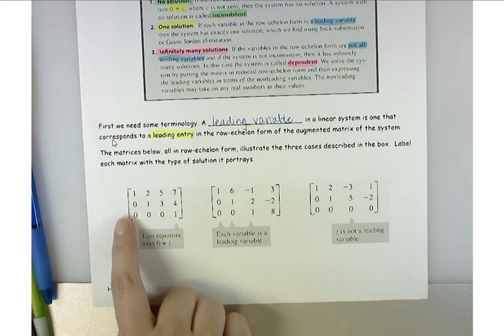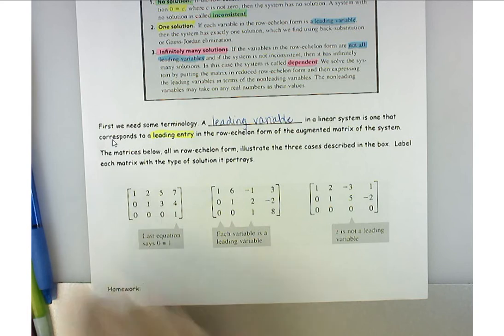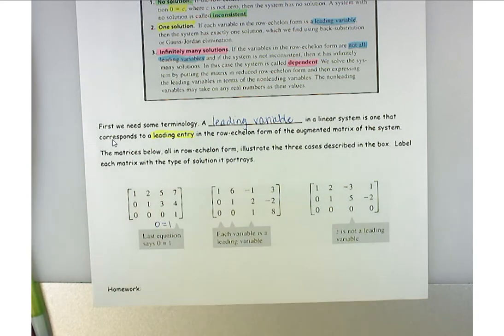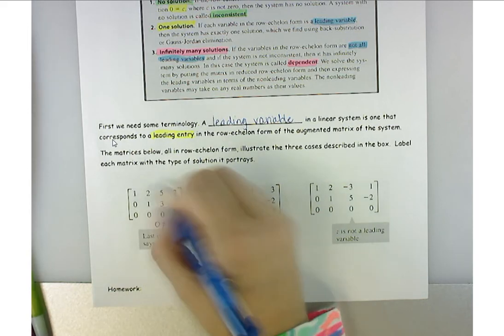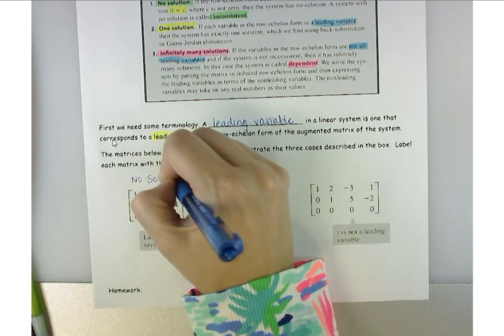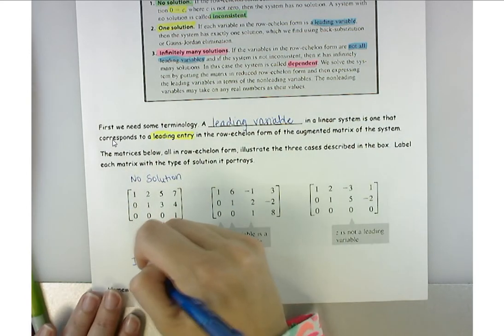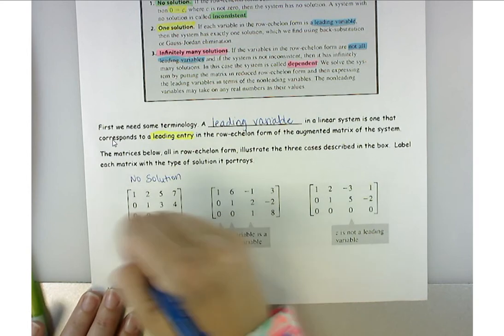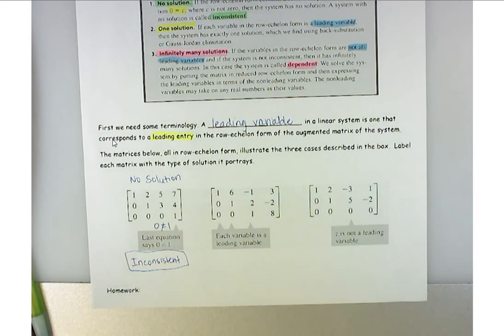There's no x, there's no y, there's no z. So it would be 0 is equal to 1, which, is that a true statement? No, 0 doesn't equal 1, so this type of matrix would represent no solution. And then we would say that it's inconsistent. If you look at some of the directions, it'll say, identify if it's inconsistent, and if it's not, find the solution. If it is inconsistent, we would just write that down.